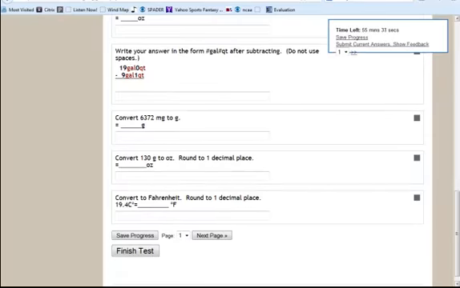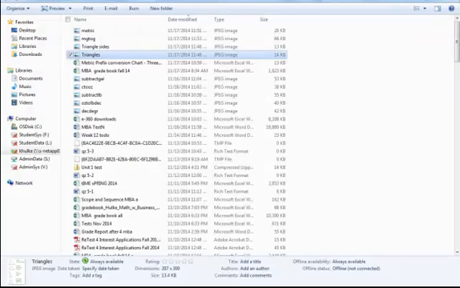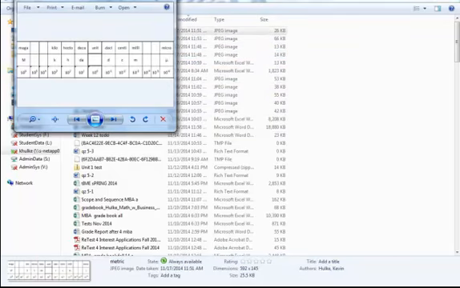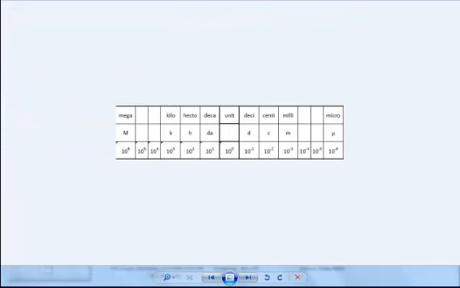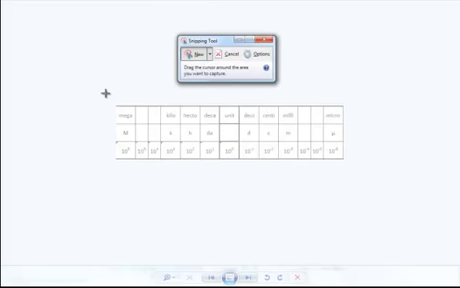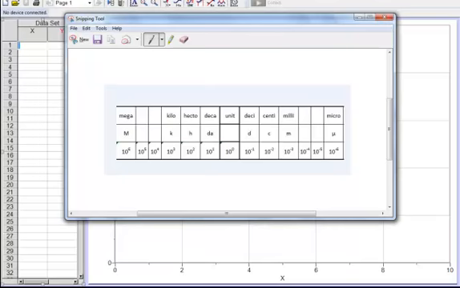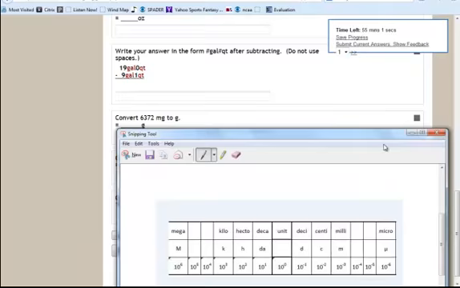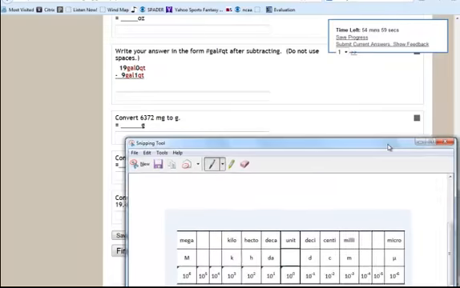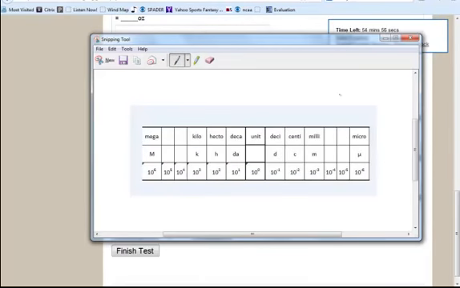probably the easiest way to do this one, I'm going to get the metric conversion chart up here. And we want to have it be 6,372 milligrams to grams.